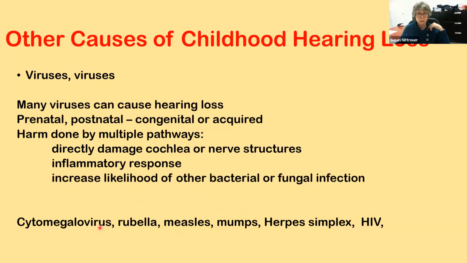Rubella used to be a very common cause of hearing loss in children. In the late 1950s and 1960s, there was a rubella outbreak. So many pregnant women came down with rubella, and as a result, their children had hearing loss.